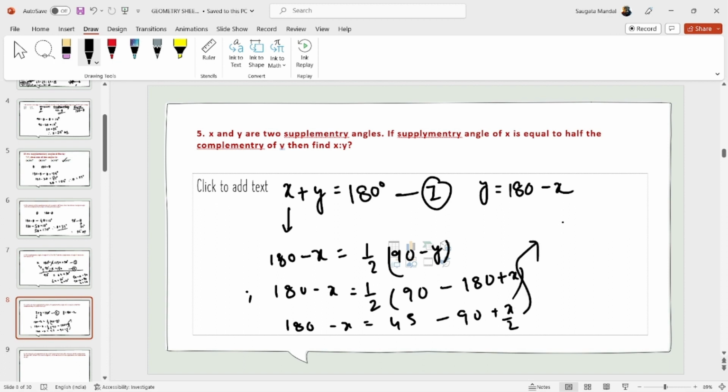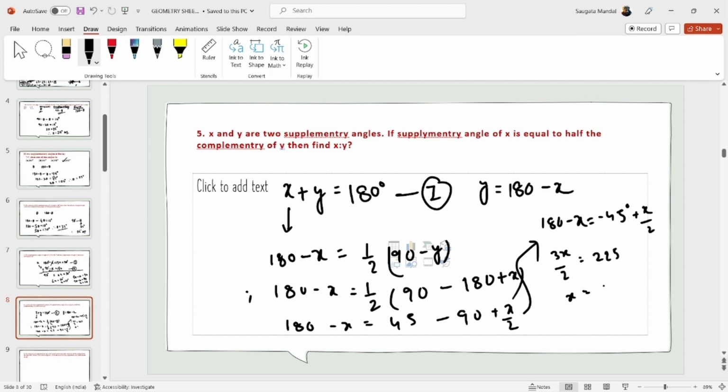Now 180 degree minus x is equal to minus 45 degree plus x by 2. 3x by 2 is equal to 225.